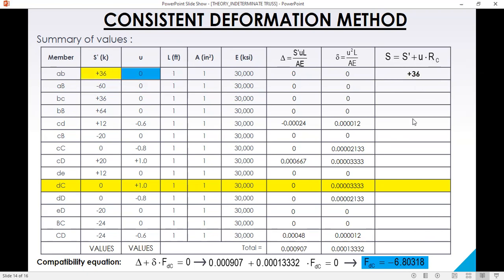Do the same for the other members. Okay, so this is the correct value of the force of all members.